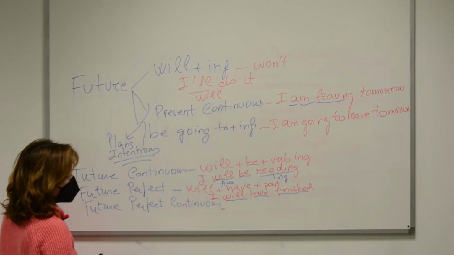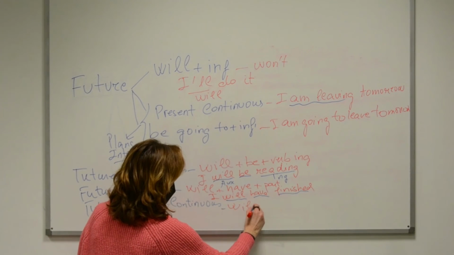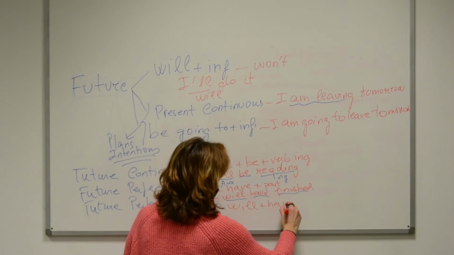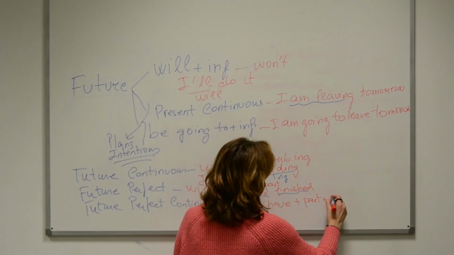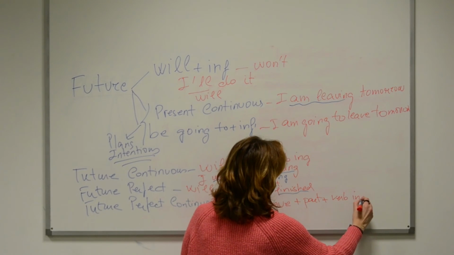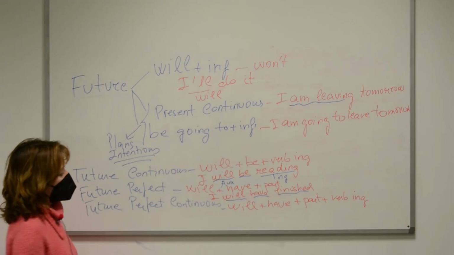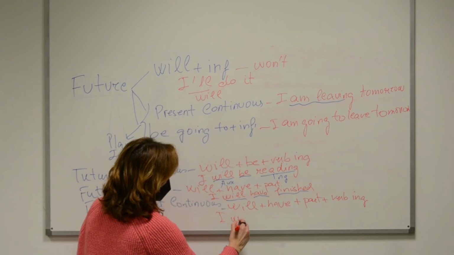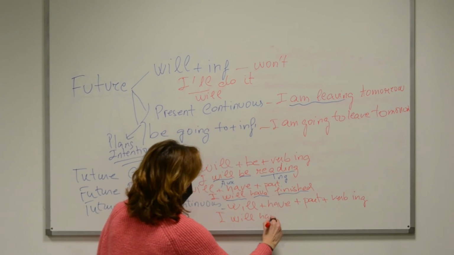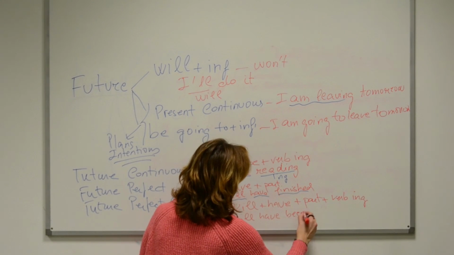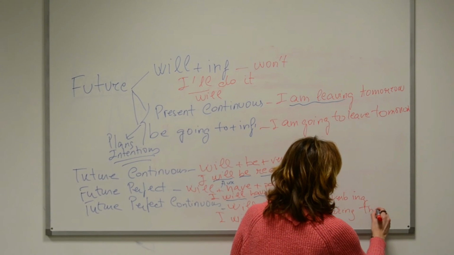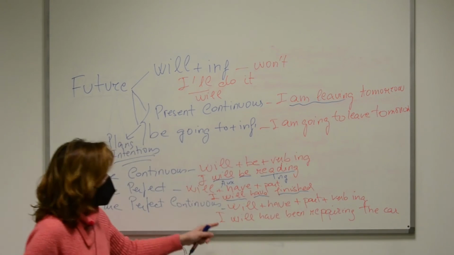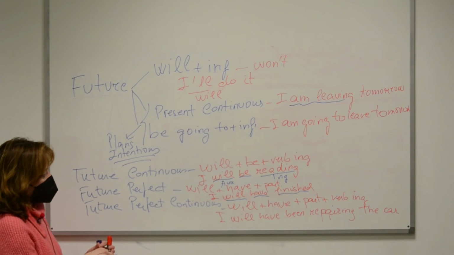And this is the mixture of both, with will plus have plus participle. It's much more complex. Plus the verb with ing. For example, I will have been repairing the car.